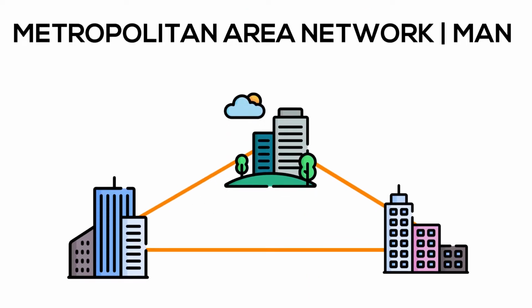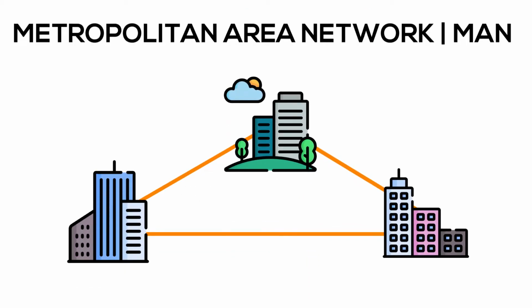The next type of network is Metropolitan Area Network, or MAN. Remember, several LAN networks connected together is a CAN network. Likewise, in here, several CAN networks connected together forms a MAN network.